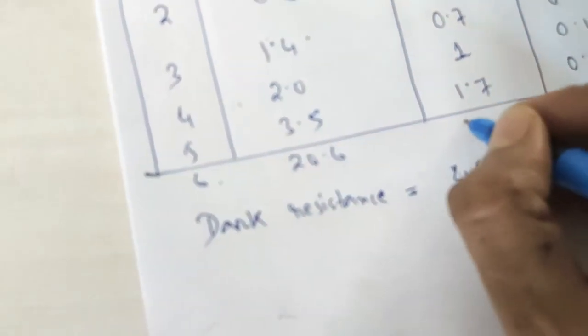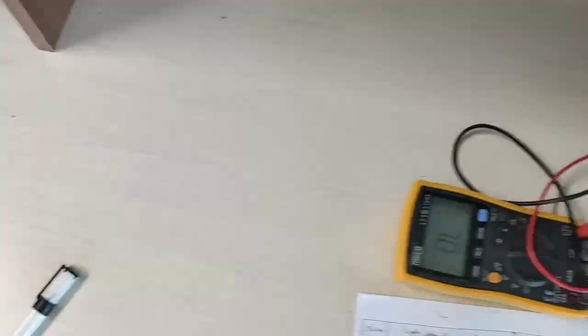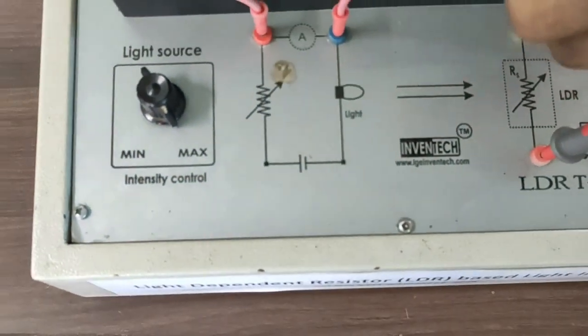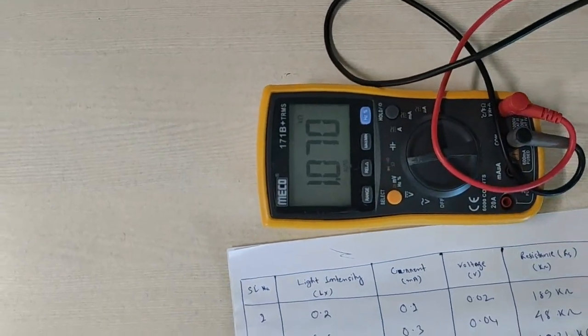So 20.6, 10.8, 1.10, and just check the resistance. It is showing 1.07 K. So this is the highest reading.